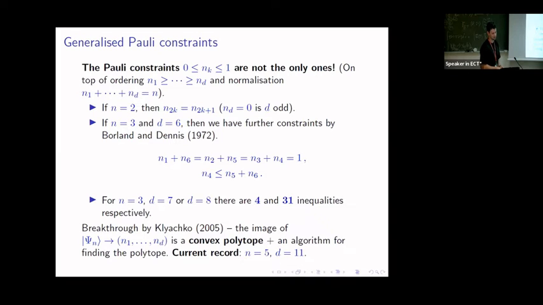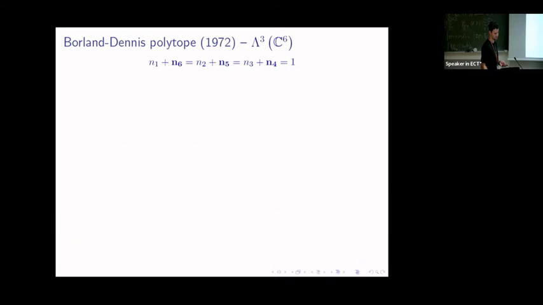However, this algorithm is very computationally heavy, so the furthest Klyachko could go was 5 electrons on 11 spin orbitals, so not too much probably. But we will nevertheless use those results.